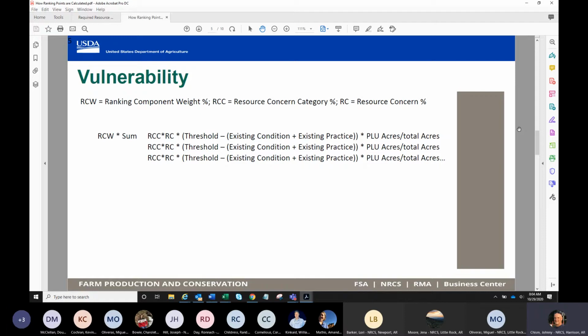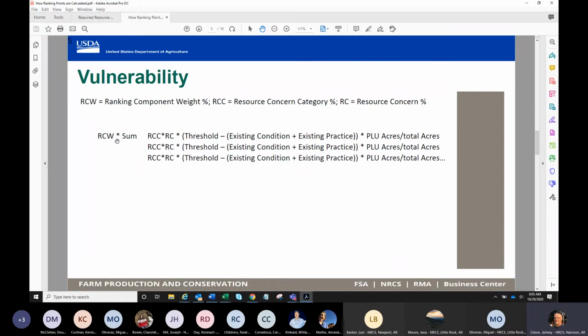Each of the resource concerns is divided into separate categories. For example, wind and water erosion is a category, and the concerns in that category are sheet and rill erosion and wind erosion. So each of those categories can have different percentages, and the resource concerns can have different percentages.